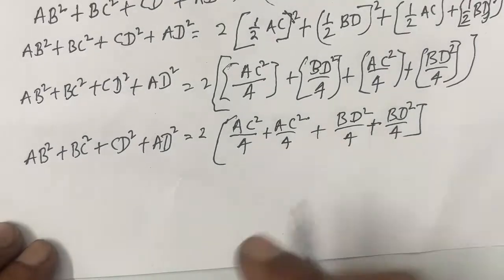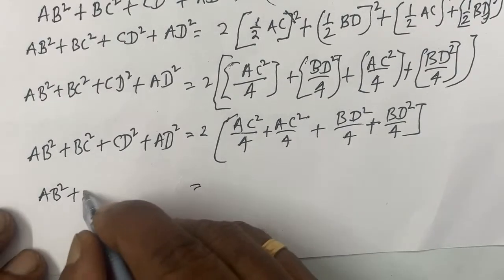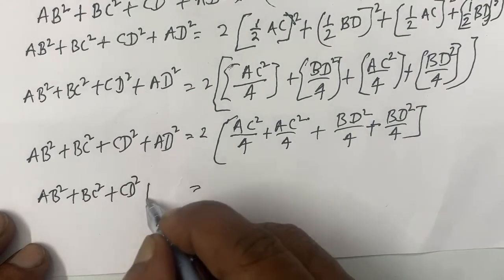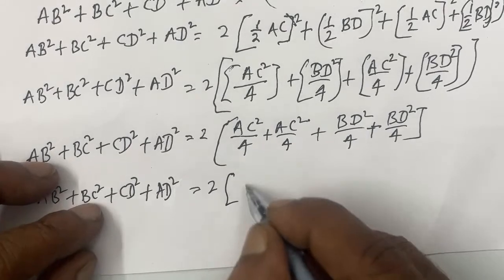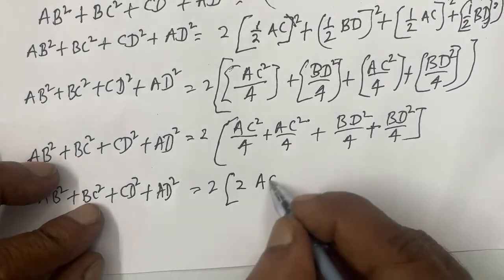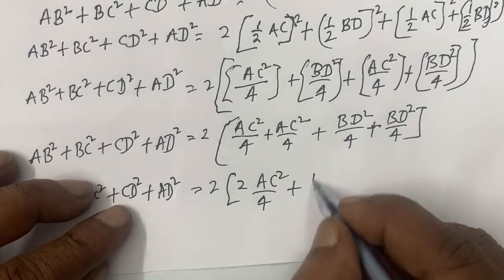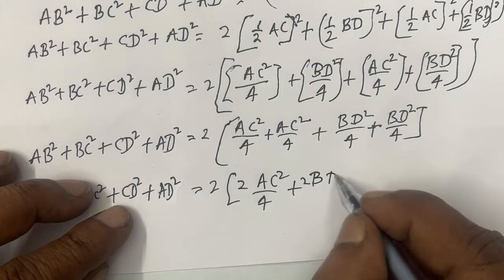Next occasion, again AB square plus BC square plus CD square plus AD square is equal to here 2 AC square by 4 plus 2 BD square by 4.